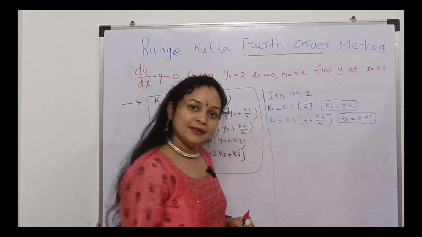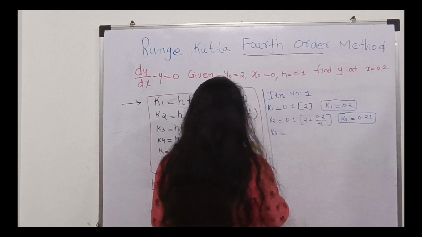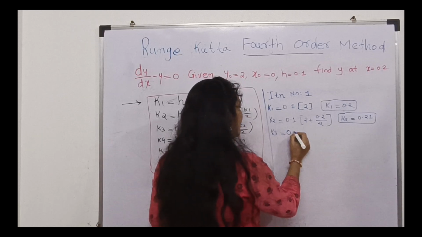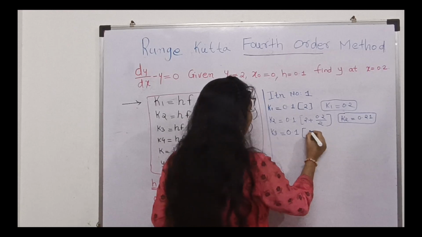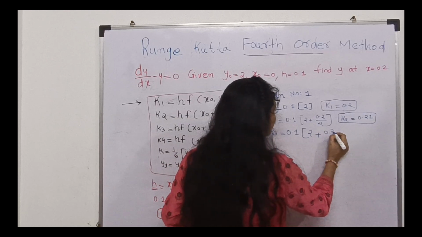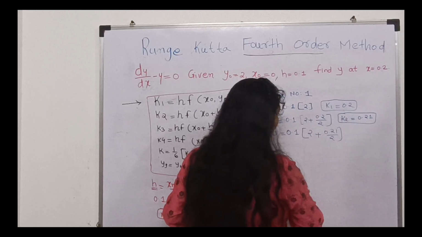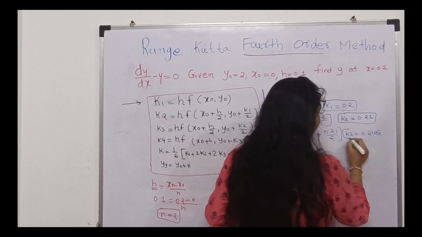That becomes K2. Next is K3, that is again 0.1 into bracket y0 value 2 plus K2 value 0.21 by 2, which becomes 0.2105.